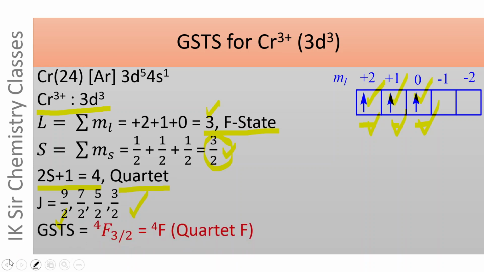The ground state term symbol for chromium triple plus ion will be quartet F 3/2. Since the subshell is less than half filled, the minimum value of J will be selected for the ground state term symbol. Its ground state term symbol is quartet F 3/2, which can be simply represented as quartet F.